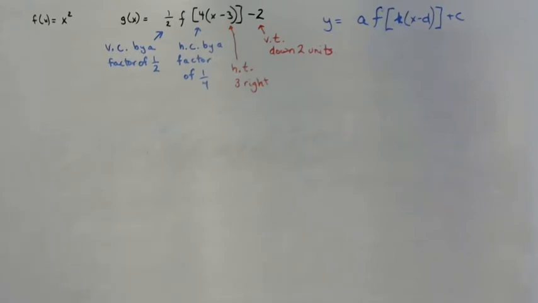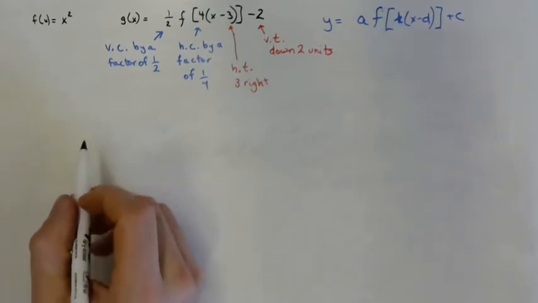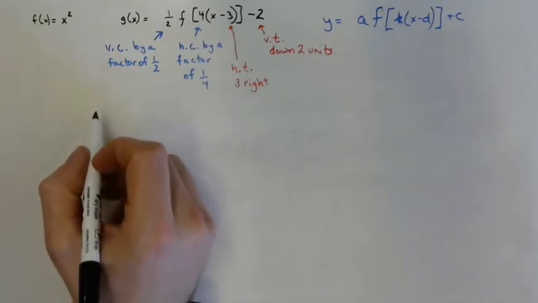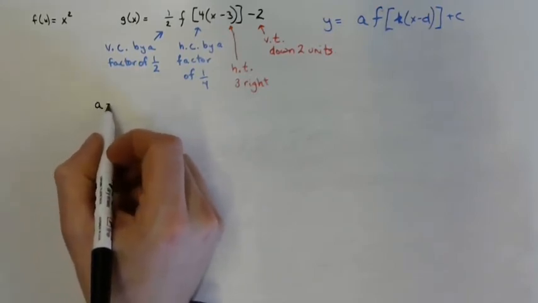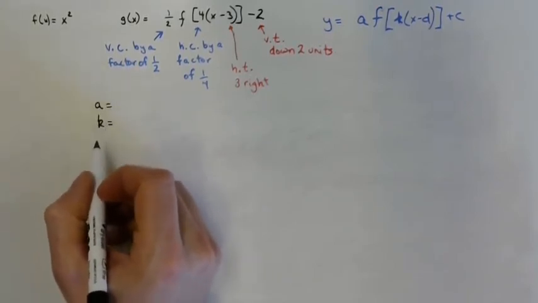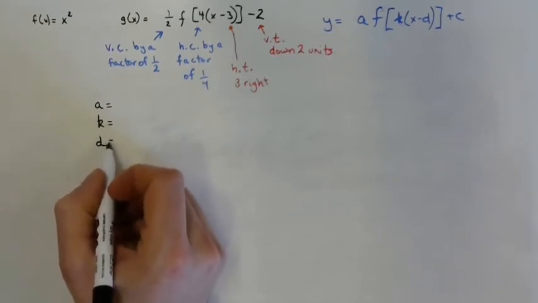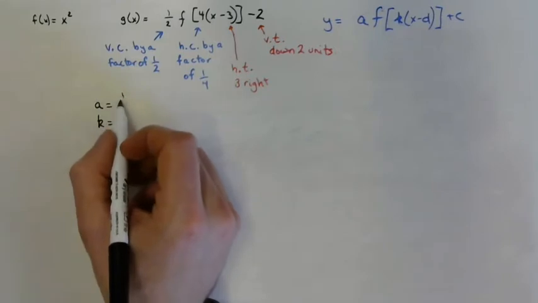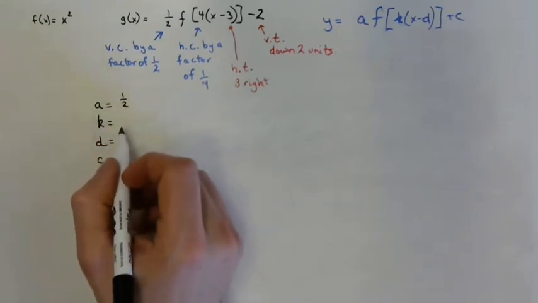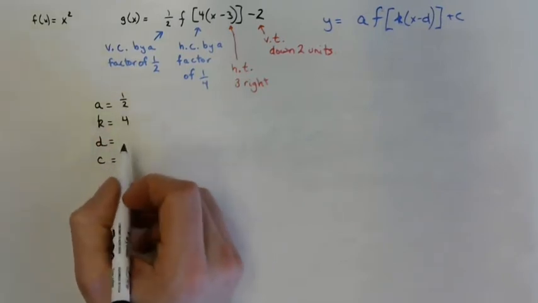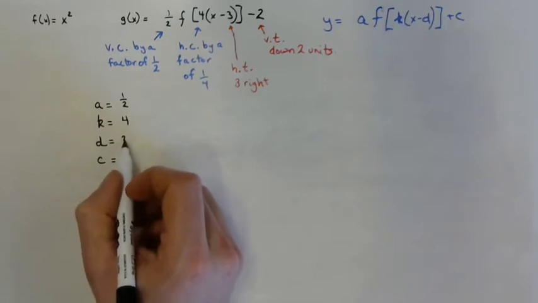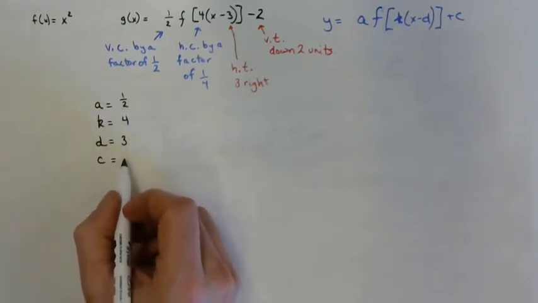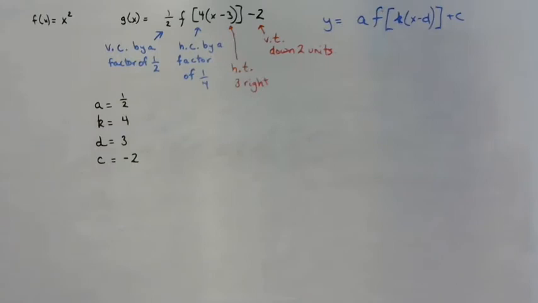For the sake of the example, we're also going to make a list of the parameters. So we have A, K, D, C. A equals 1/2. K equals 4. D equals positive 3. C equals negative 2.